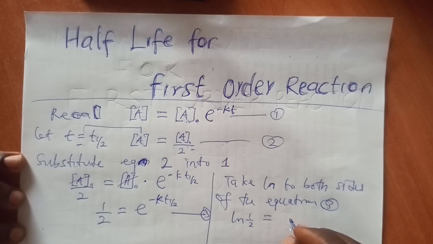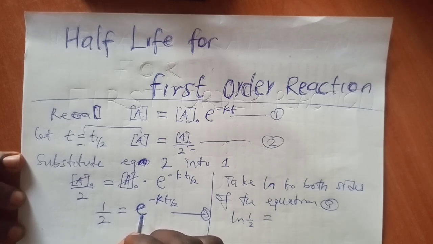Putting ln here is equivalent to removing this exponent.